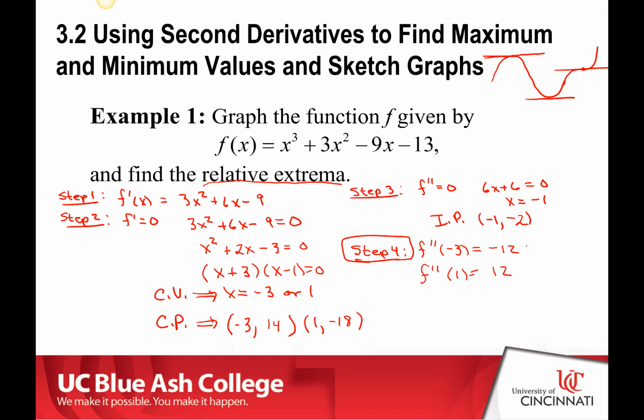And if it's negative, you have a maximum. I'm going to put down relative maximum because we don't know if it's the absolute maximum for the whole deal or not. The second derivative at +1, which is the point 1, -18, has a positive second derivative. That means it's concave up, which means at that location we have a relative minimum.